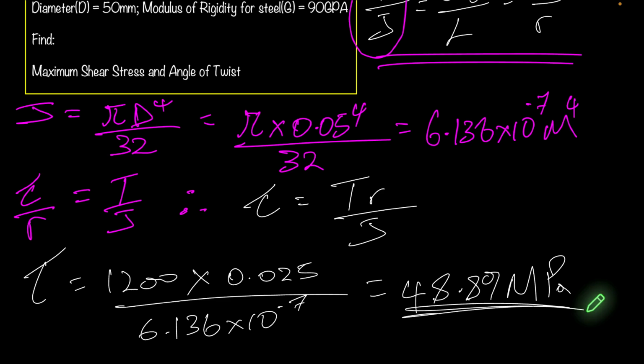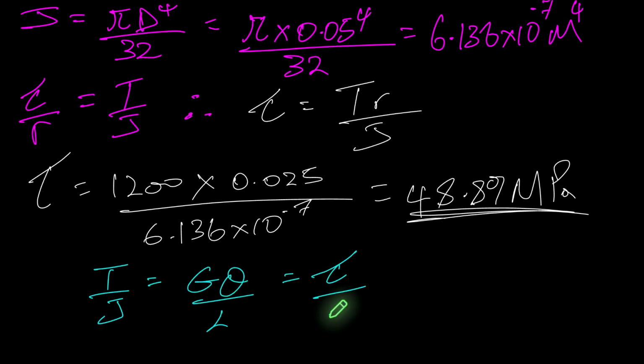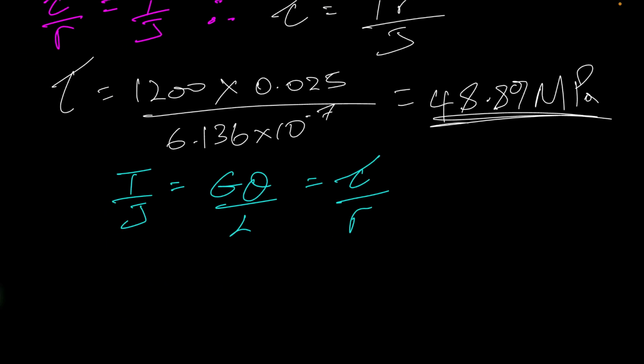Now, to get the angle of twist, we're going to go back to our formula. So I'm just going to write it down for us to reference. So that's our formula, the same one that we've just had. So our angle of twist is right here. And we have all of those variables that's needed for our angle of twist.